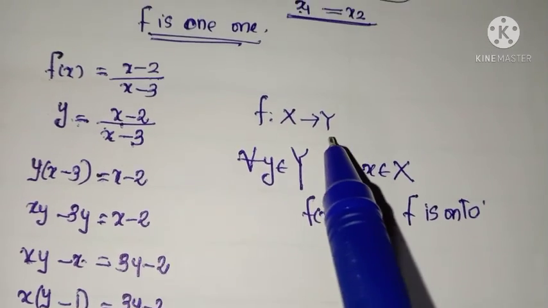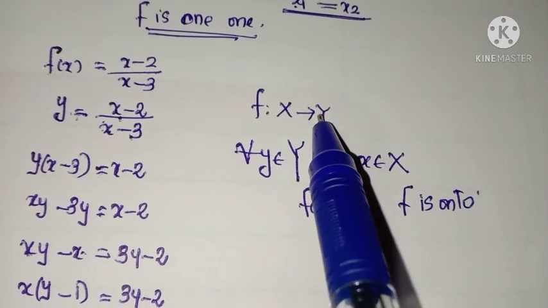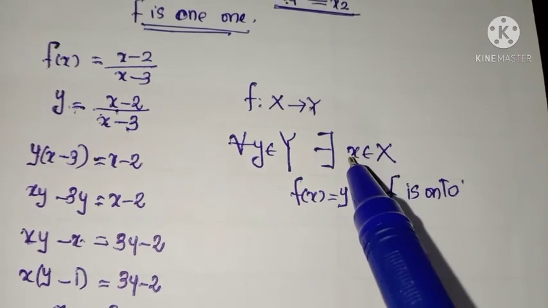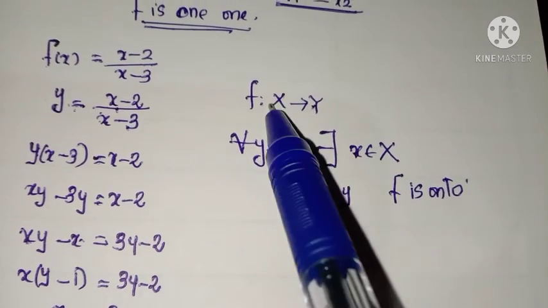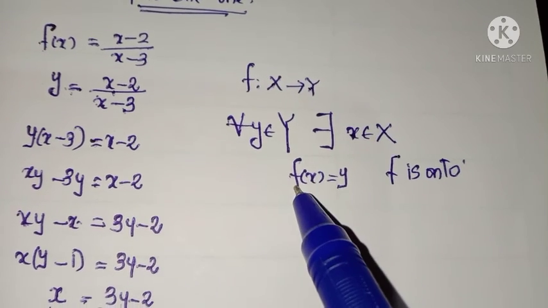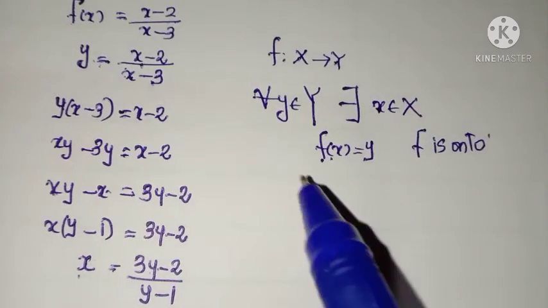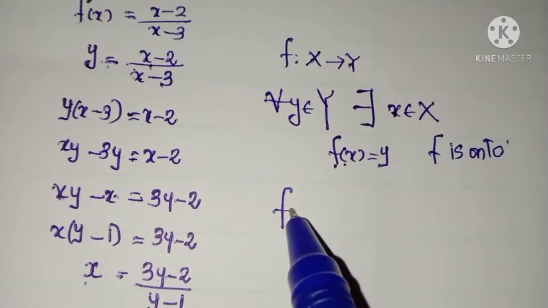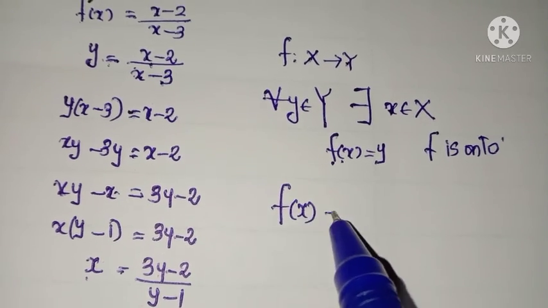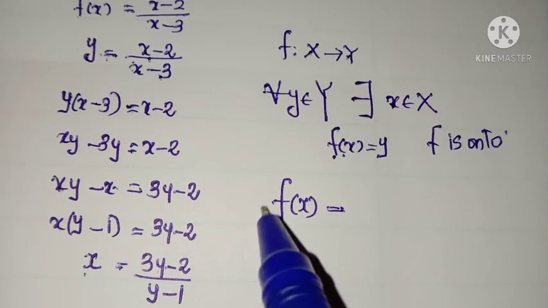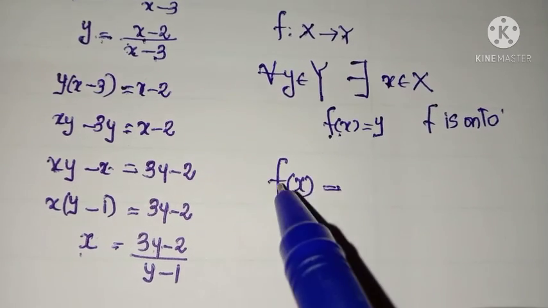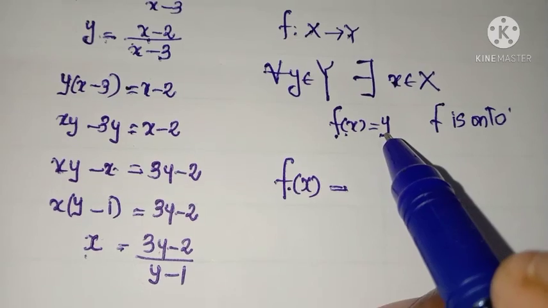That means if we take any element in the set Y, there is an x element in the first set satisfying the condition f of x equal to y. So here we start from f of x and prove on simplification f of x equal to y.